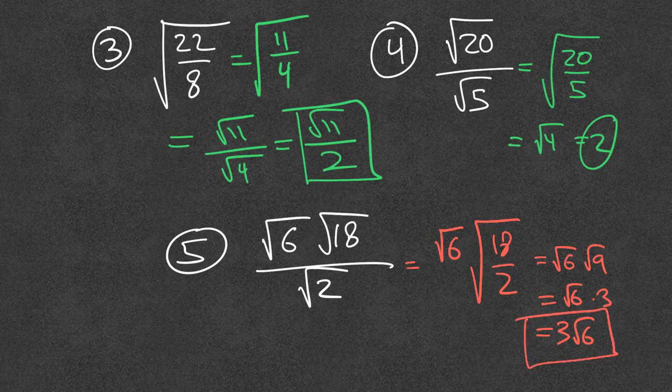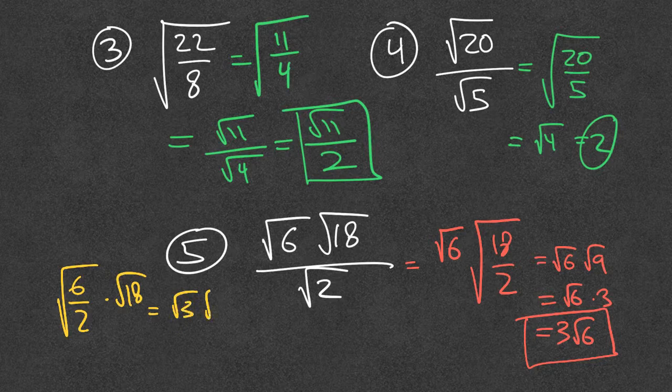Okay. I'm going to show you a different way to do that one. I could do the 6 divided by 2 first. So I go root 6 over root 2 times root 18. And the root 6 over root 2 is root 3, so it's root 3 root 18. But then I have to simplify the root 18.